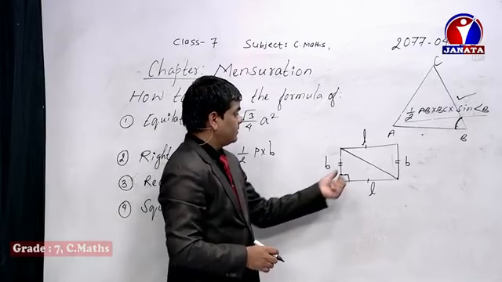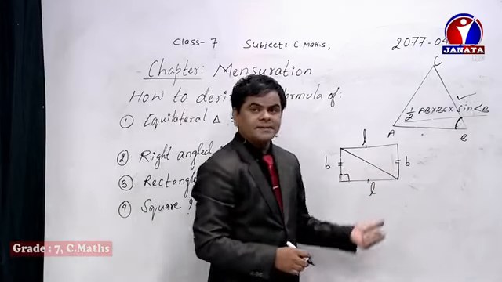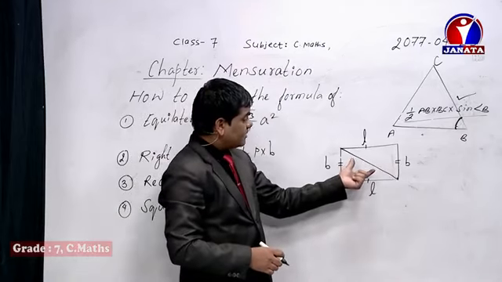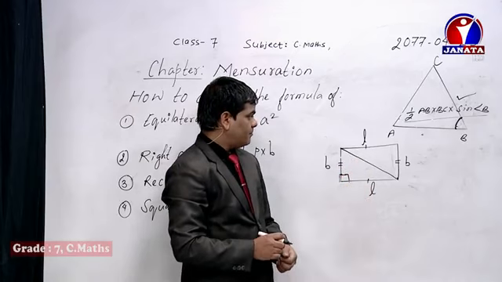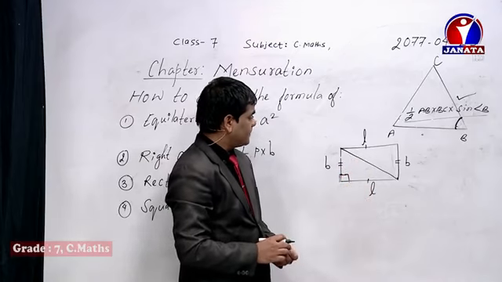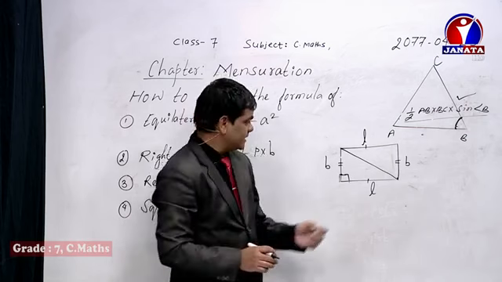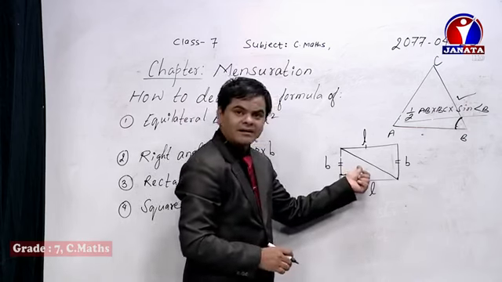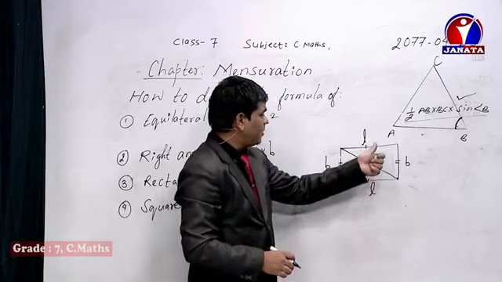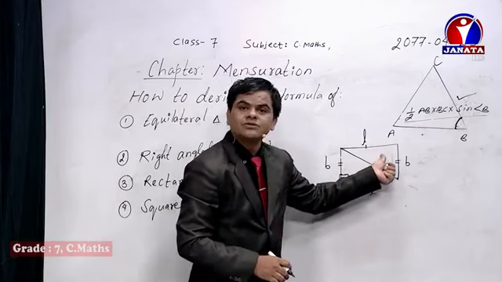So what happened? Altogether we got two triangles, and when the diagonal intersects the whole rectangle, it bisects it. That means whatever the area of this triangle, exactly the same is this one.